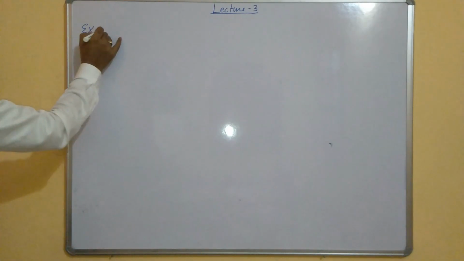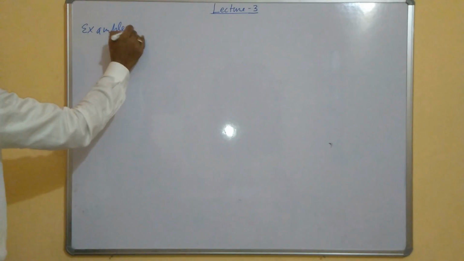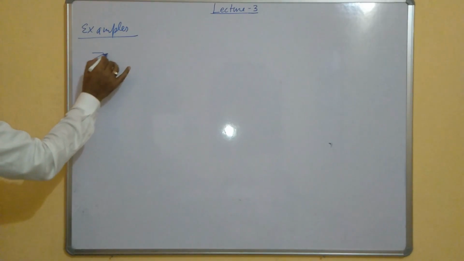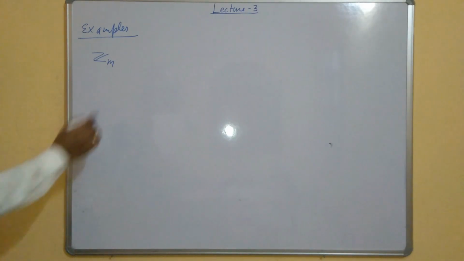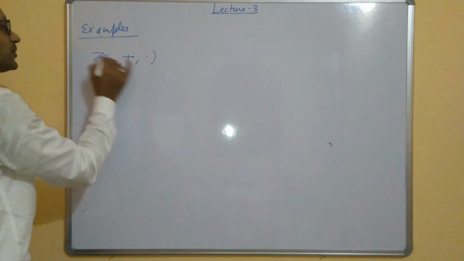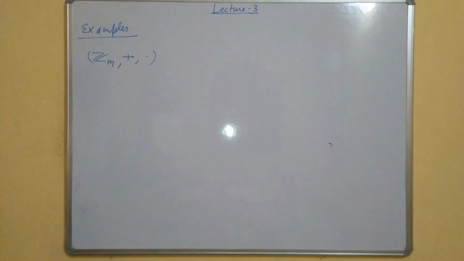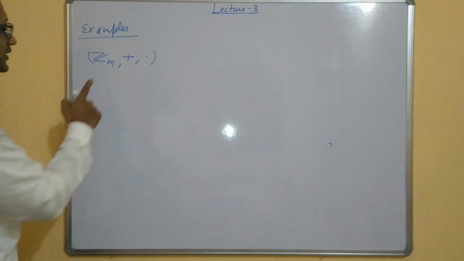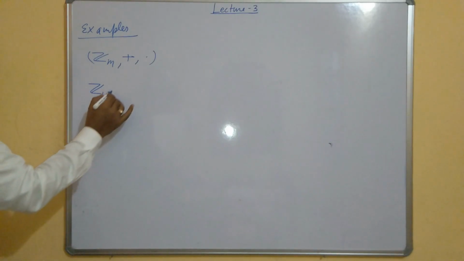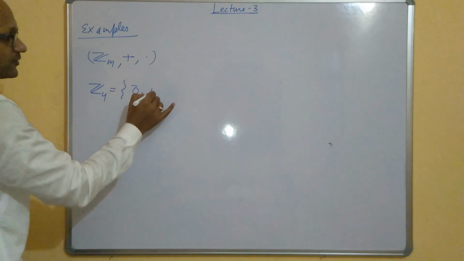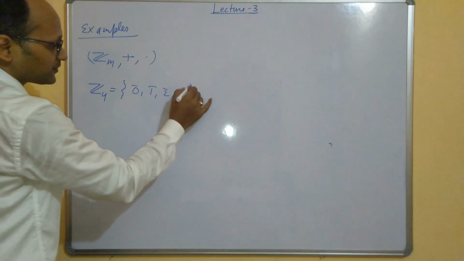Now come to the examples. Now Z_m with plus and dot. The problem is whether it is an integral domain or not. So let us think about this with the help of an example. Suppose I am taking Z4. So Z4 is 0 bar, 1 bar, 2 bar, 3 bar.